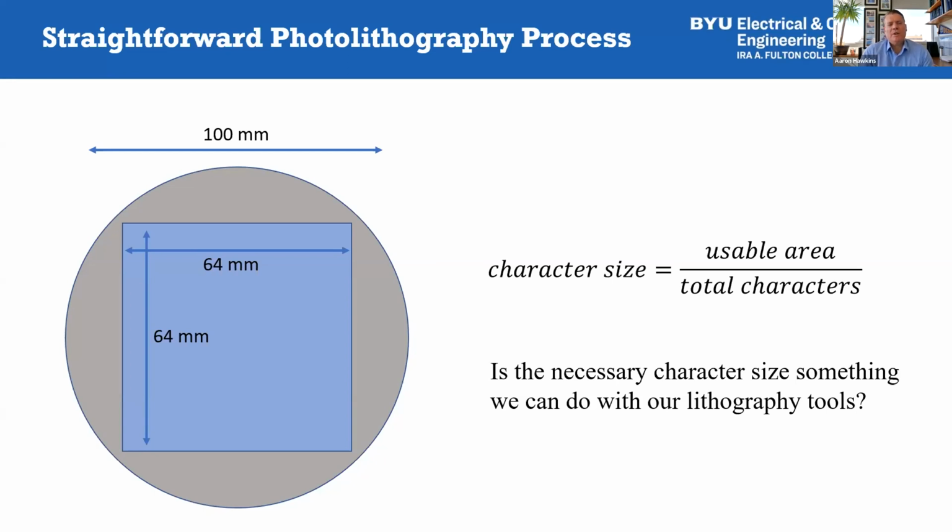So we started off by doing a back of the envelope calculation. If we had a 100mm wafer, which we typically use, and we knew how many characters were in the Book of Mormon, could we easily fit all of these characters on the wafer using standard lithography without trying to push it too far?